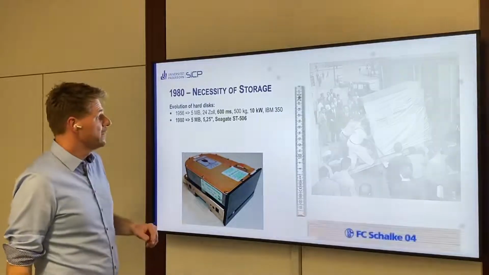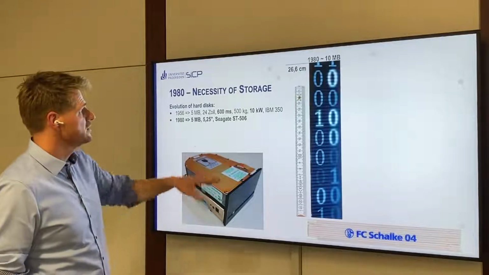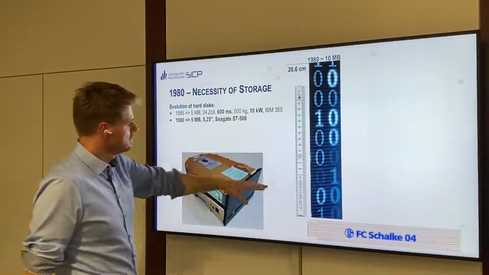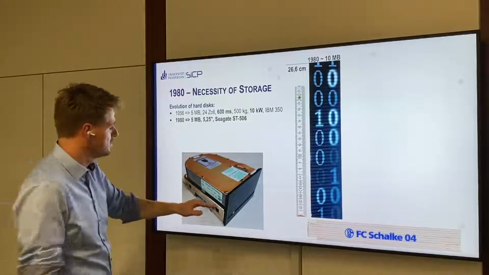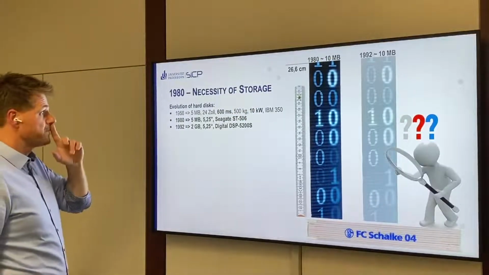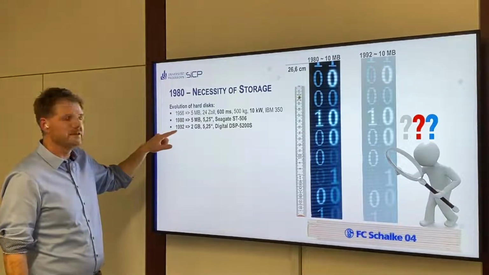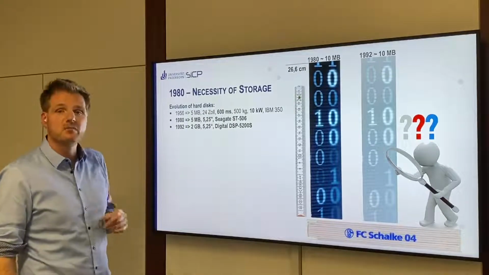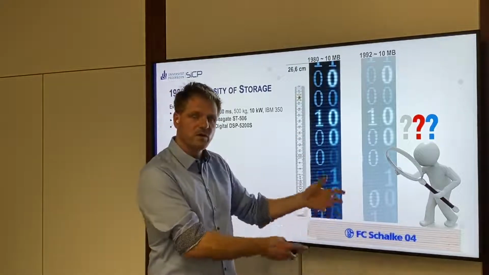If we bring this into comparison, in 1980, 10 megabytes, here at 26.6 centimeters, is 2 of these units. Transferred to 1992, a typical size like 2 gigabytes, what is the compared size?